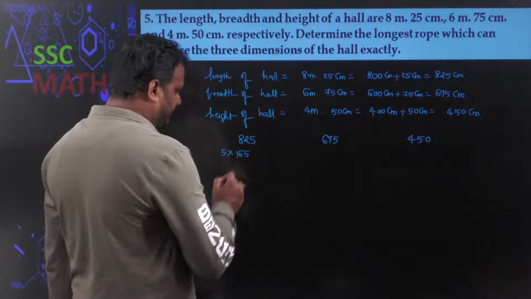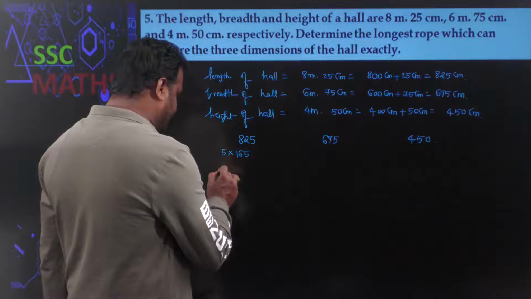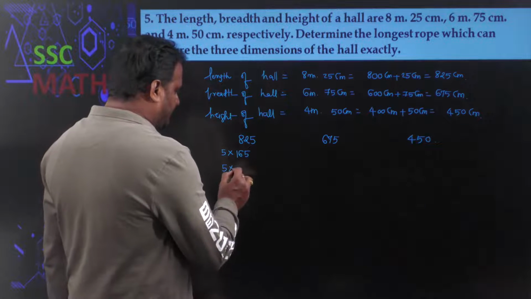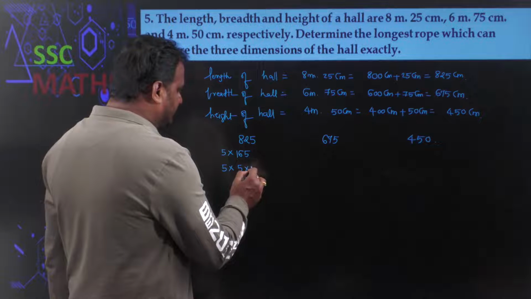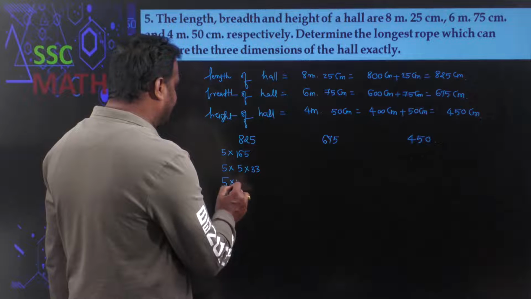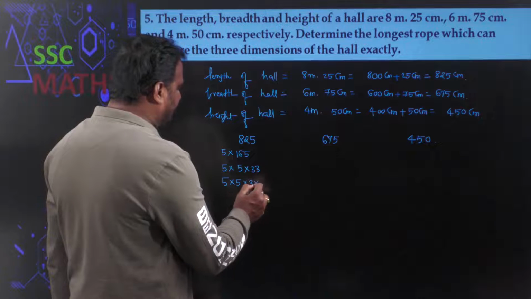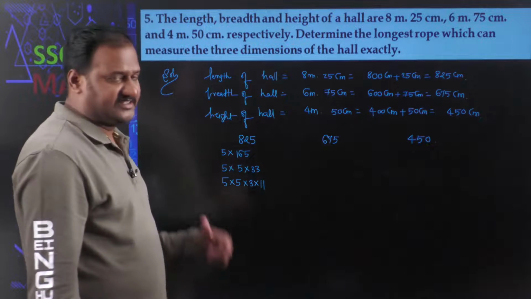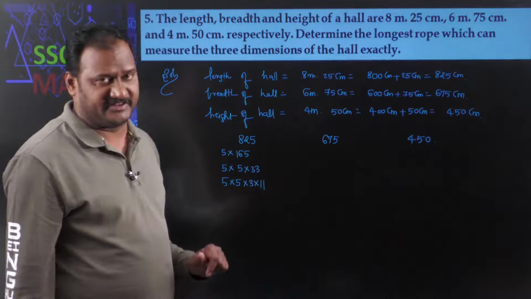Again it can be divided by 5, and 5 threes are 15. So 825 is 5 multiplied by 5 multiplied by 3 multiplied by 11. This is the prime factorization of 825.